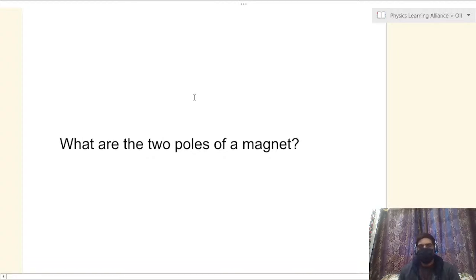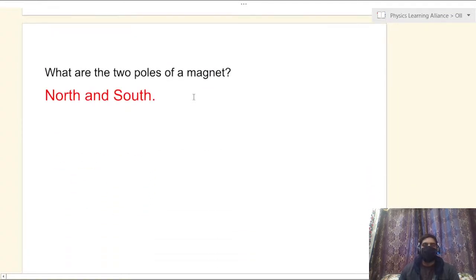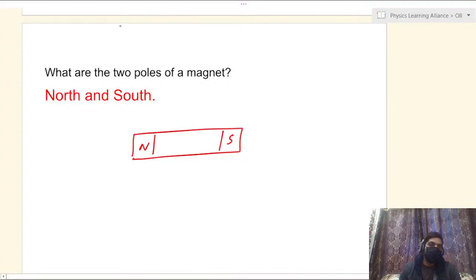What are the two poles of a magnet? Well, a magnet has a north pole and a south pole. So no matter, let's say you have a magnet with a north pole and a south pole, and by some way you eventually manage to break that magnet.